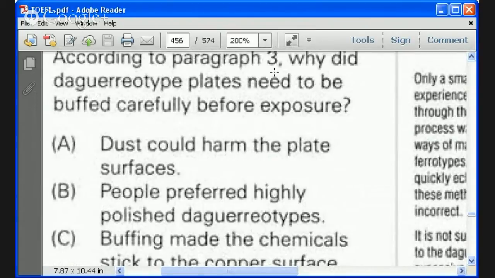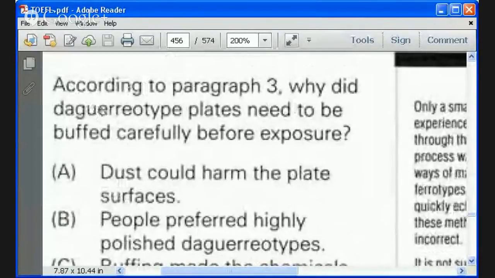According to paragraph 3, why do the daguerreotype plates need to be buffed carefully before exposure? This is pretty easy. This question, you're looking for specific information, which, again, is going to be in the passage. Roberto, you sort of didn't have a chance to answer before.